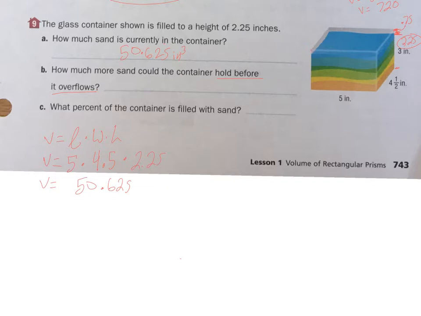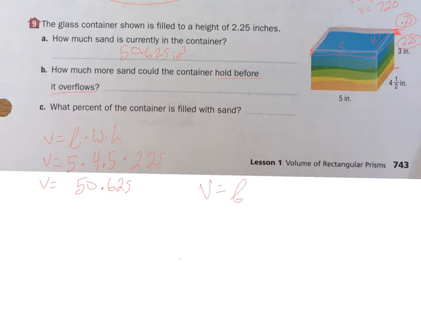So what I want is from here, this little area right here. I want to know how much sand can go in that little area. It has the same length of 5, the same width of 4.5, but now the height is just this 0.75. Okay, so let's do that.